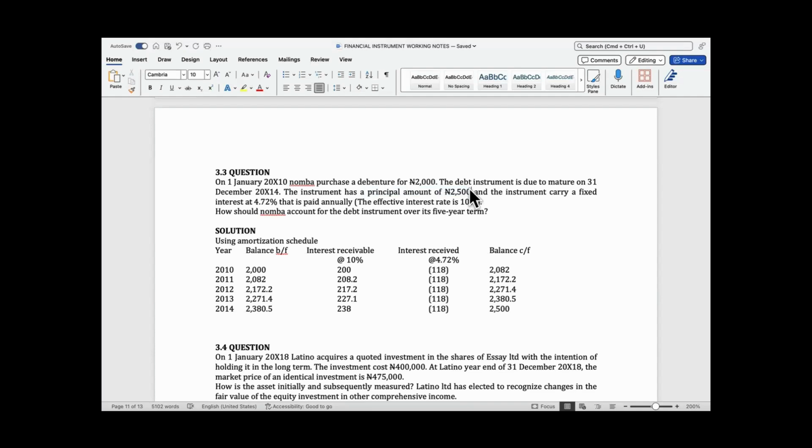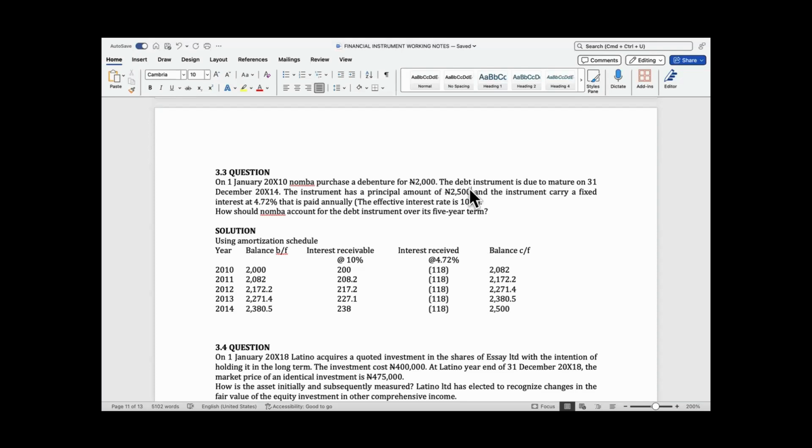But how is it? This is 2,000, this is 2,500. So this financial instrument, they can structure it in whatever way. A financial instrument can be structured in any way that suits both the issuer and the investor.